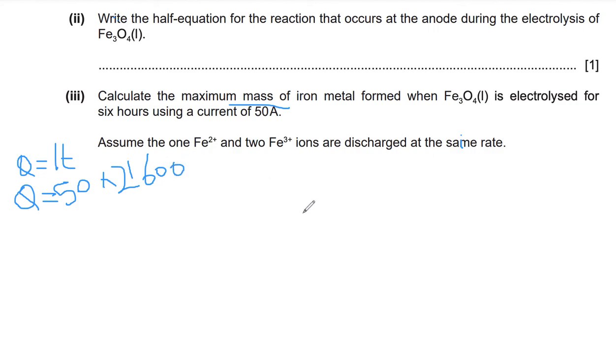Then 21,600 multiplied by 50 gives 1.08 into 10 raised to power 6 coulombs.